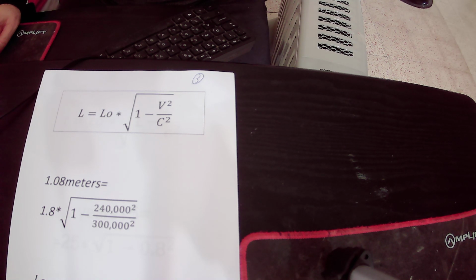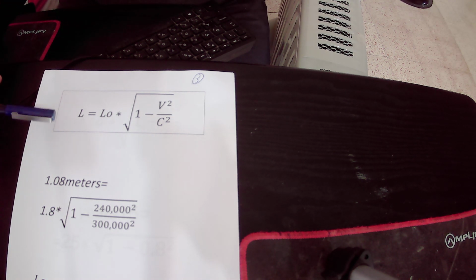And if the twin brother that stays on Earth had a height detector, then the detector would show a height of only 1.08 meters. But the twin brother who is in the spacecraft doesn't feel that he is shorter. So I will explain the equation.